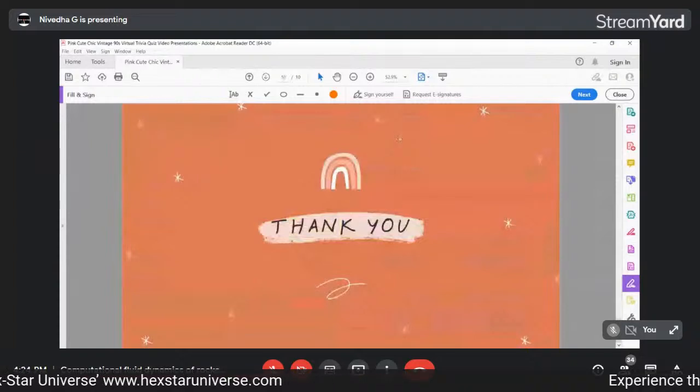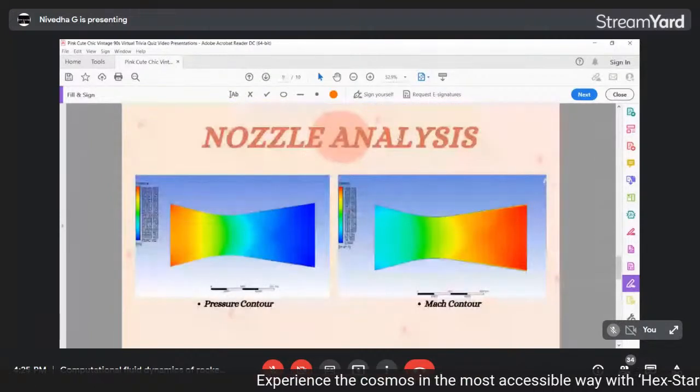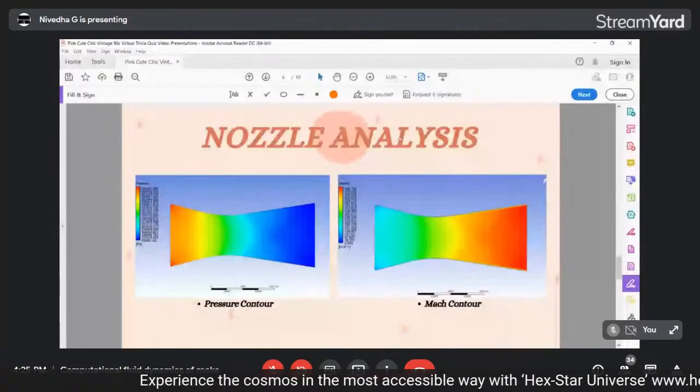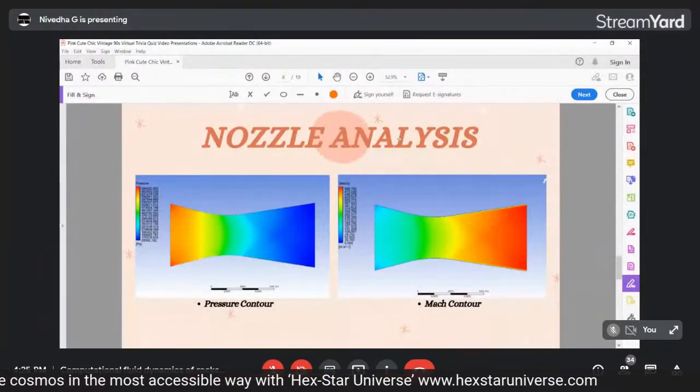And we have come up with so many conclusions that our nozzle is perfectly efficient, and it is all this nozzle project.